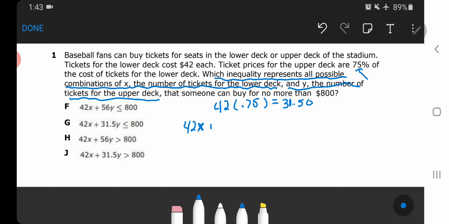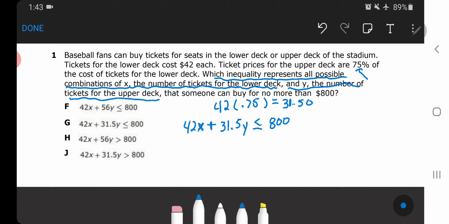So we also are going to add on our upper deck tickets, which we found at $31.50, so 31.50y, y representing the upper deck tickets. And we want no more. So in this part, it needs to be less than or equal to, because we want the total of our tickets to be no more, so we want this portion to be less than or equal to 800.